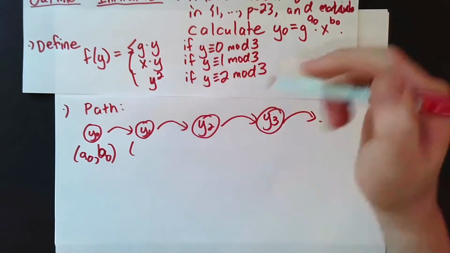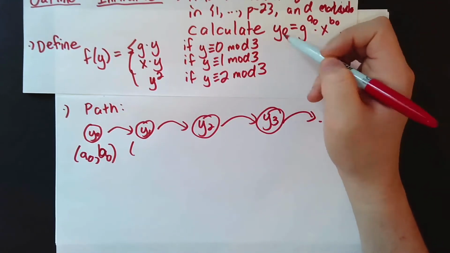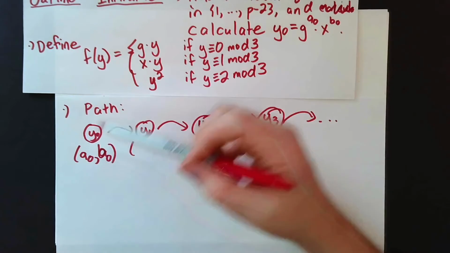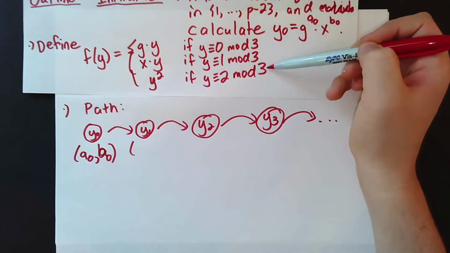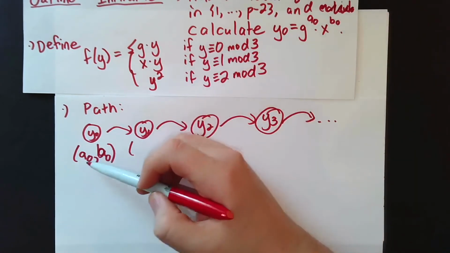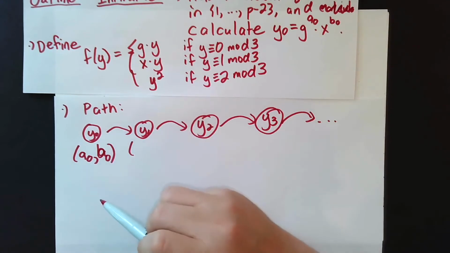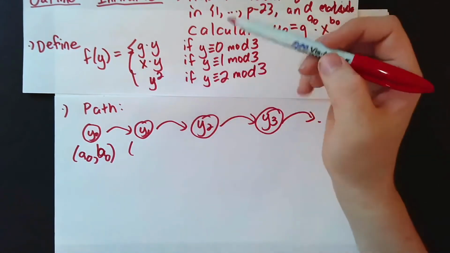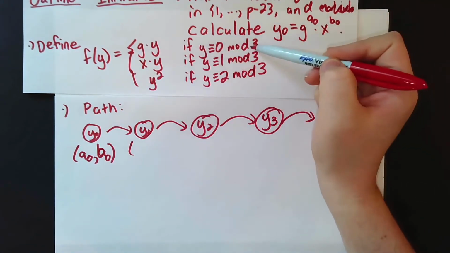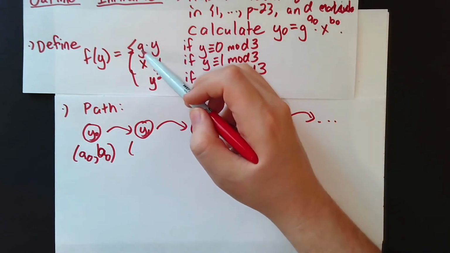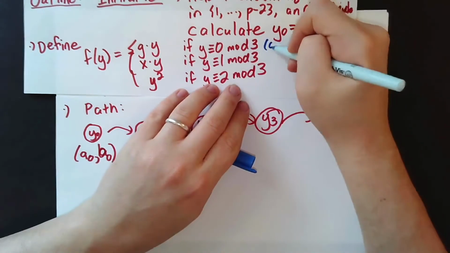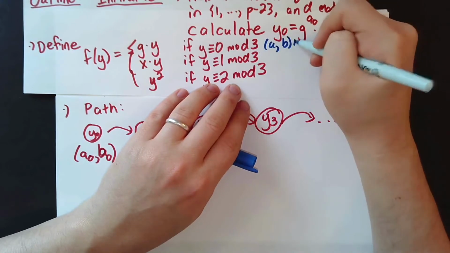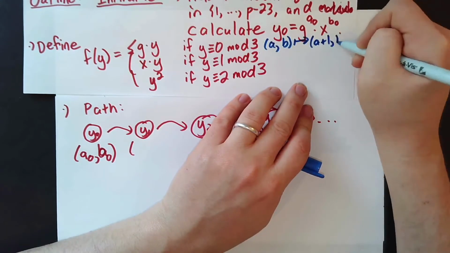So the reason for this peculiar looking function is that no matter which outcome I get, I know what it does to the a and b that were on the previous step. So if I'm somewhere that's 0 mod 3, and I multiply by g, what does that do? Well, that turns a comma b into a plus 1 comma b.